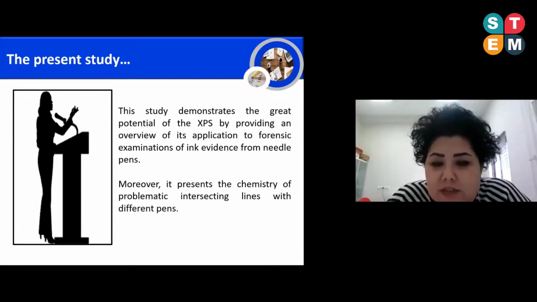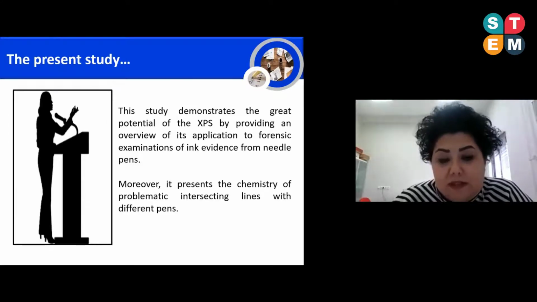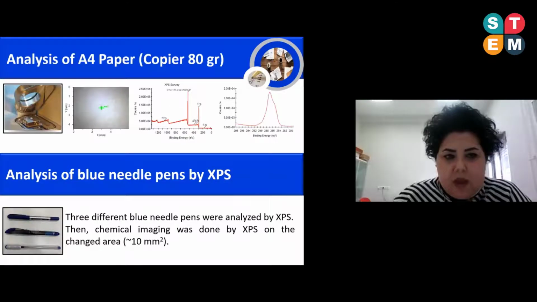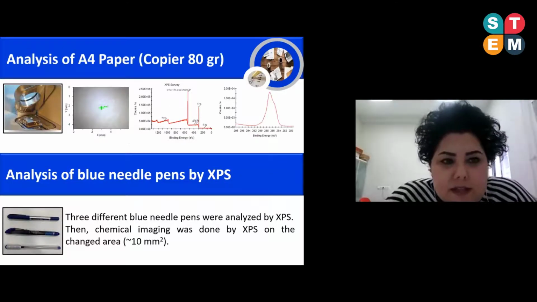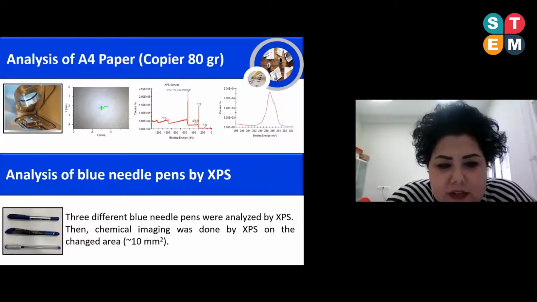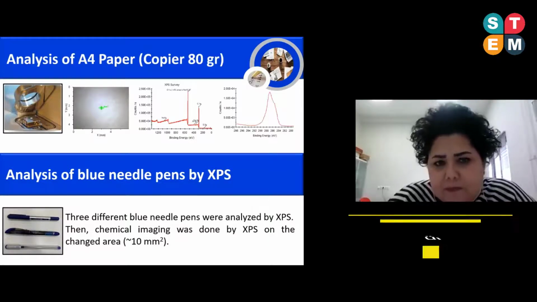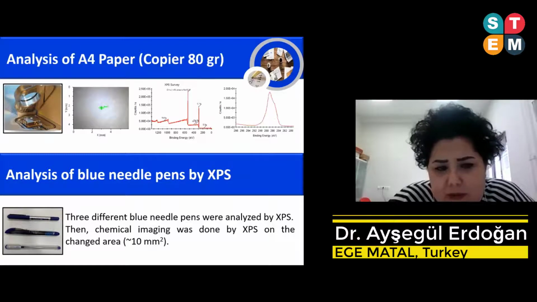In addition, it presents the chemistry of problematic intersecting lines with different pens. In this study, we have analyzed 3 different trademark blue needle pens by XPS. And of course, we have used A4 copier paper, which we routinely use in our daily lives for printers or for writing.